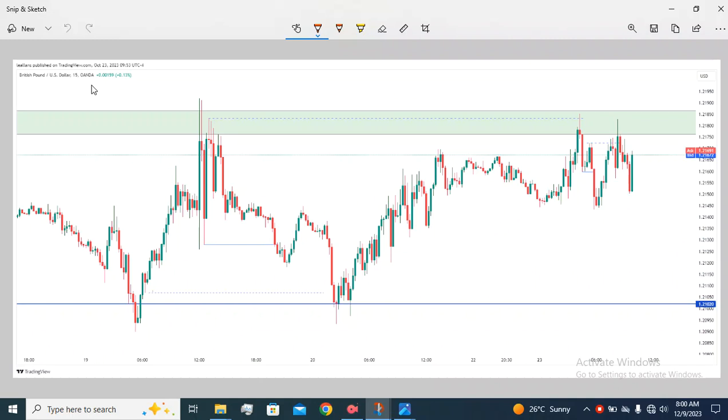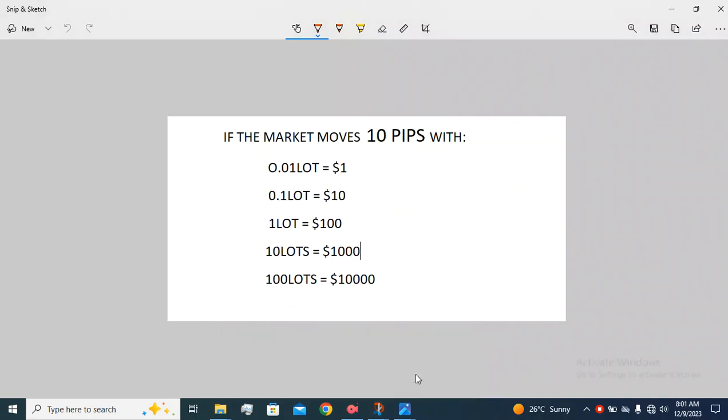In this video, I'm going to do three things. Number one, I am going to break down this chart with our model, exactly how we took opportunities from right here and this one and this trade here. Then number two, I am going to look at this aspect of lot sizing.